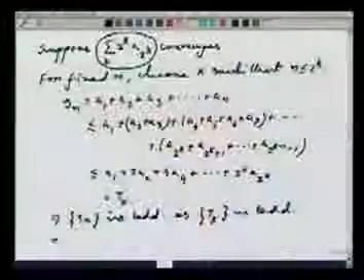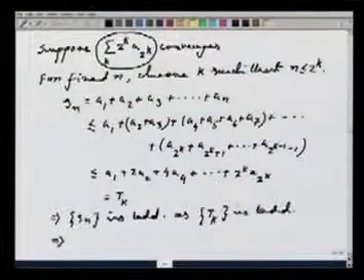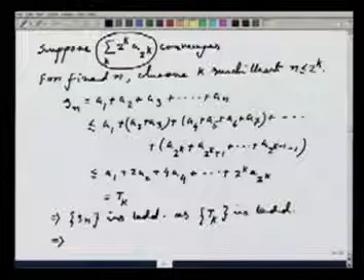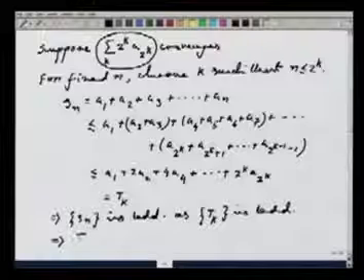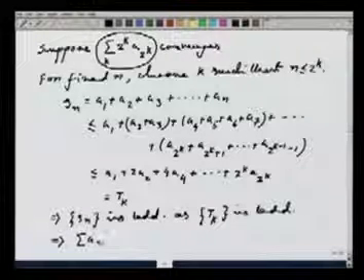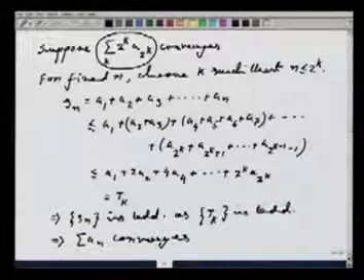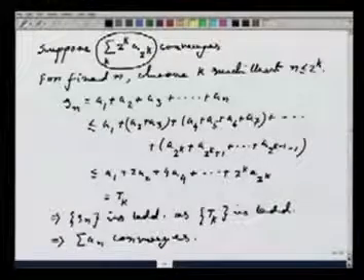This implies, since this is an increasing sequence of non-negative terms, that the sequence Sn converges, so summation an converges. So this completes the proof of Cauchy condensation test.